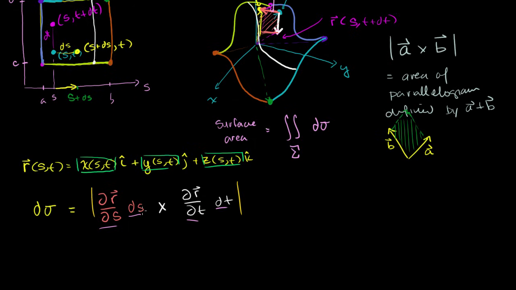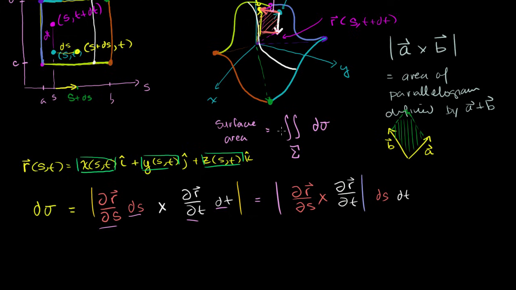So we essentially factor them out of the cross product. This is going to be equal to the magnitude of the cross product of the partial of r with respect to s crossed with the partial of r with respect to t, and then all of that times ds and dt.